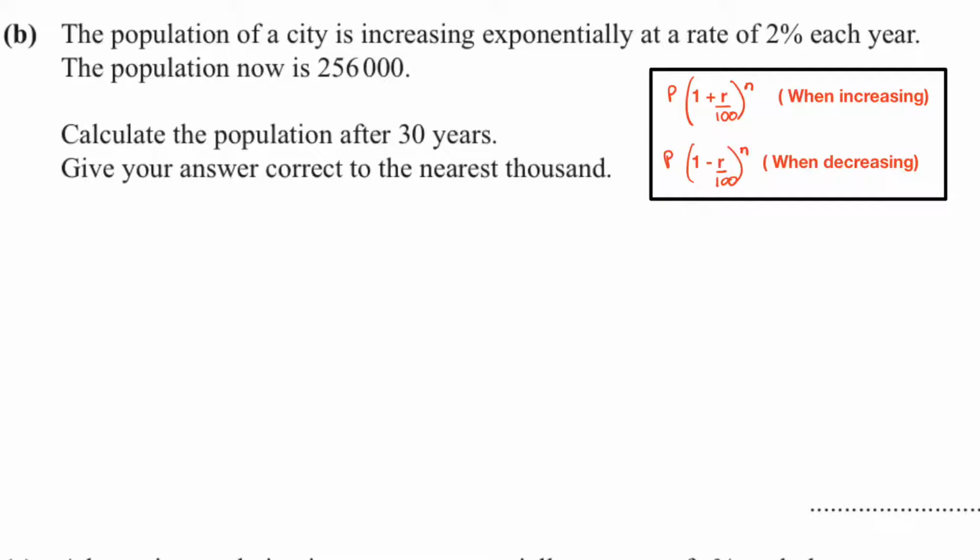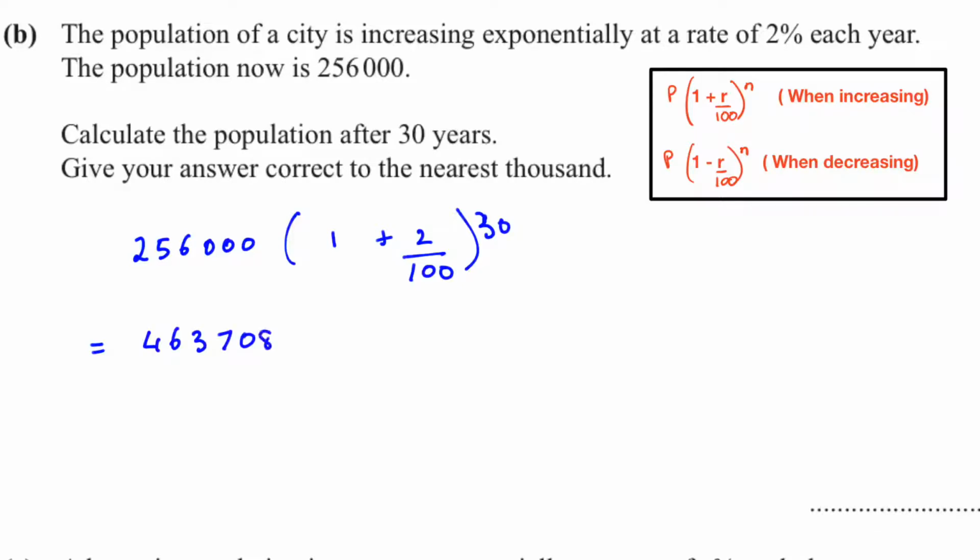So we will replace P with 256,000, R with 2, and N with 30. Just put it in the calculator and we will get 463,708.